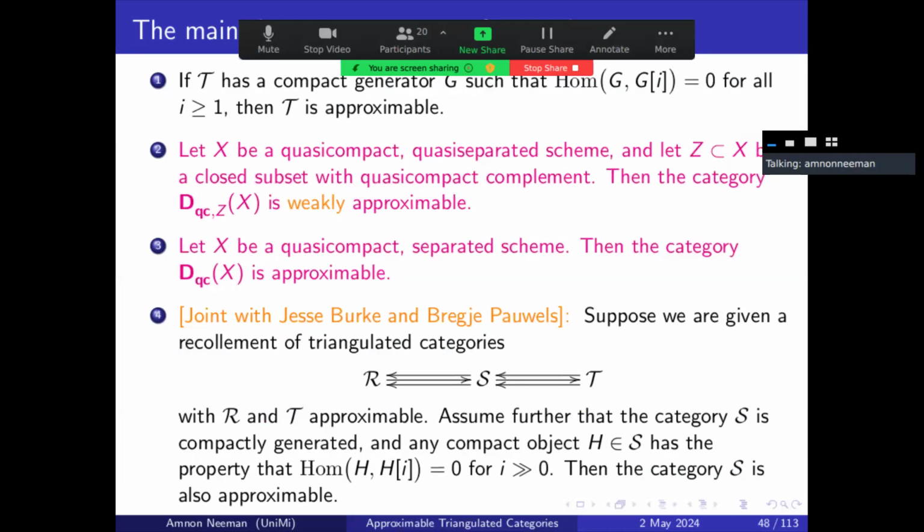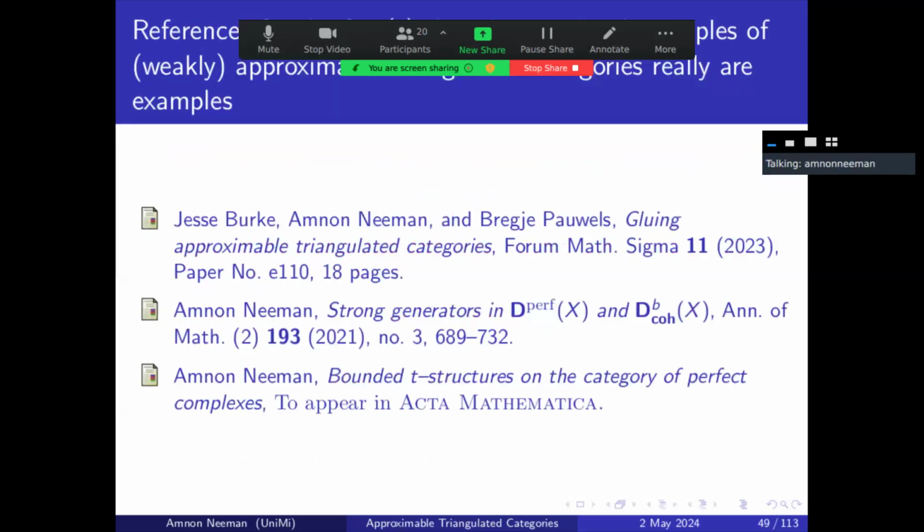So for any scheme X, the relative derived category is weakly approximable basically always. And if X is a quasi-compact separated scheme, then the absolute derived category, the unbounded derived category of quasi-coherent sheaves, is approximable. So here are references for the proofs of these statements.